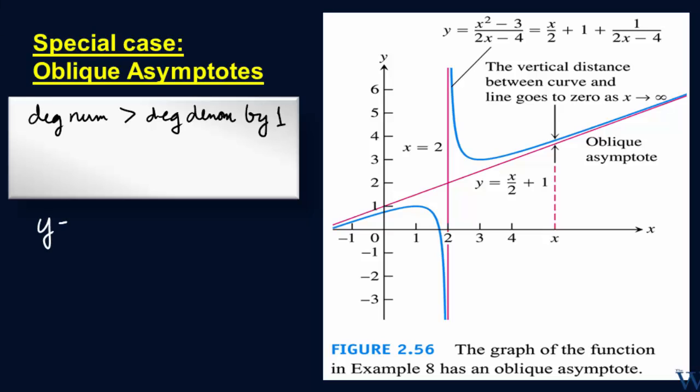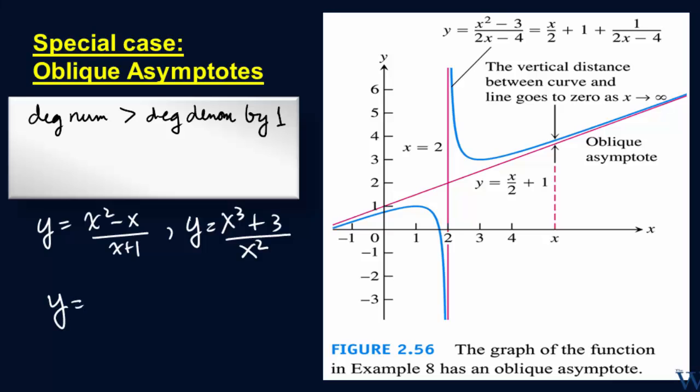Say y is equal to x squared minus x over x plus 1. y is equal to x cubed plus 3 over x squared, and so on. y is equal to x to the 4th plus x cubed plus 3 divided by 2x cubed plus 4x.